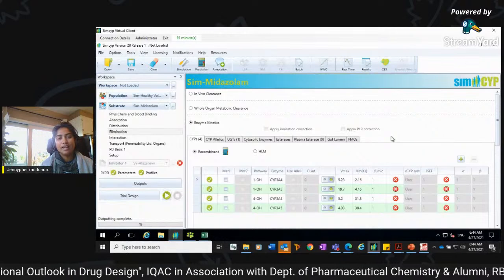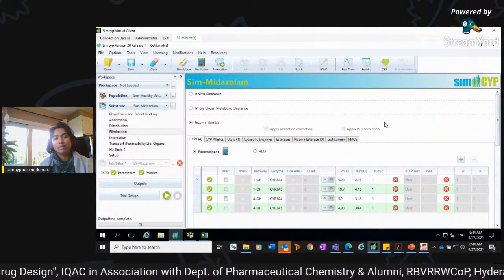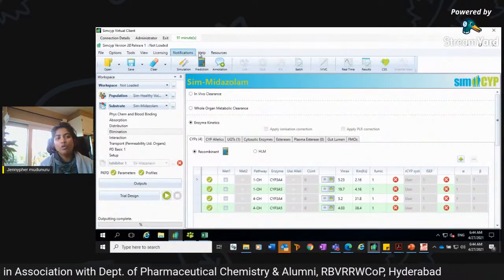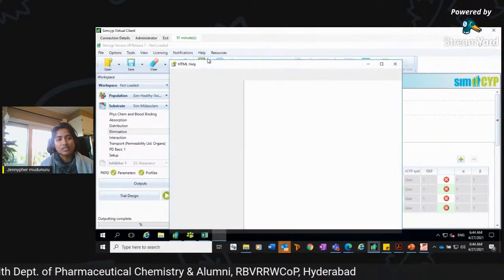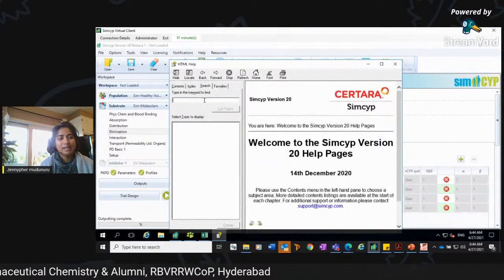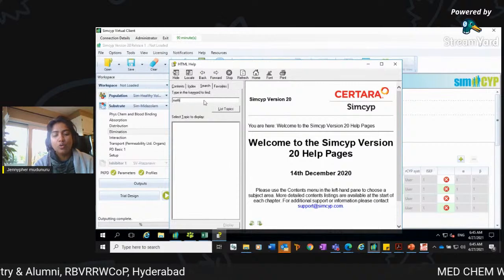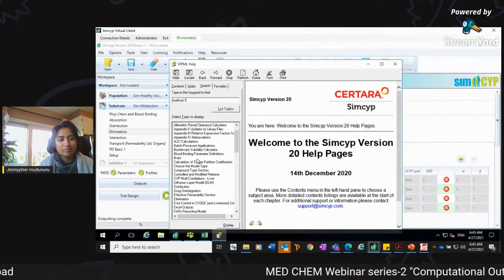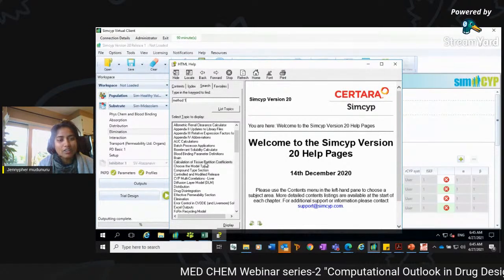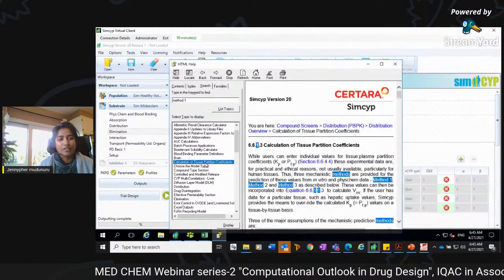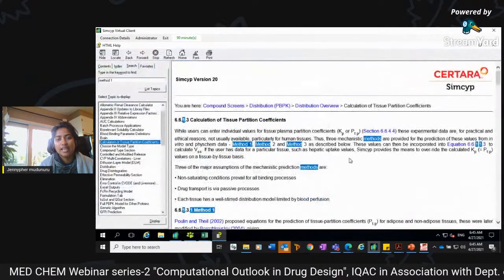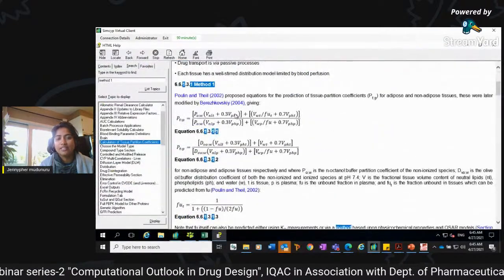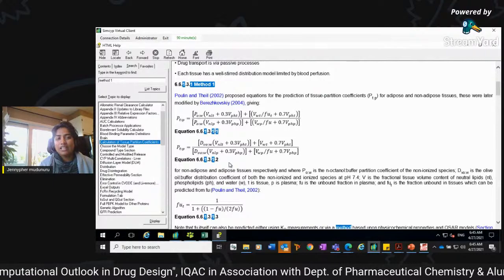To keep it simple and user friendly, they always keep it in the background, but you can always go into the help resources. For example, if you want to know what method one is, or the calculation of tissue partition coefficients, it tells you all the equations that it was built on.